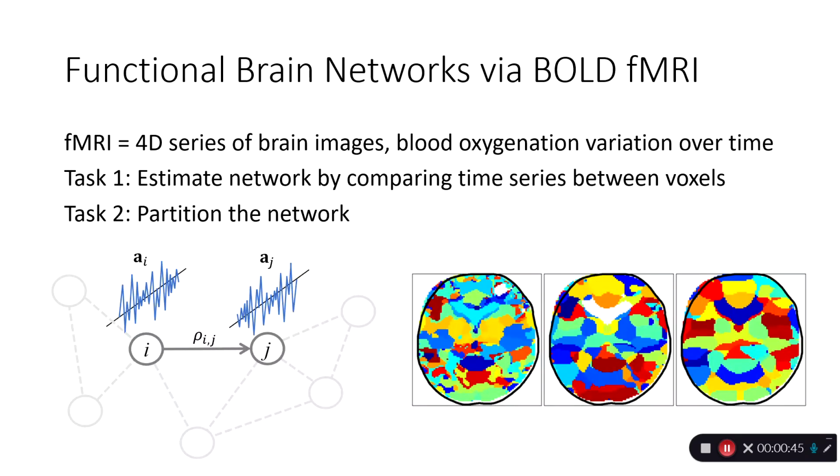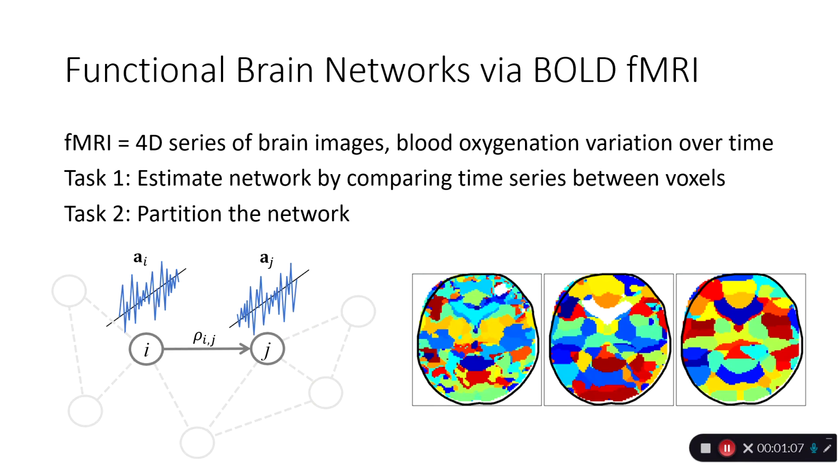In the application to functional brain networks, most commonly done with fMRI data, this data is a 4D data set, essentially 3D images of the entire brain over time. The fourth dimension describes the variation in blood oxygenation level at each point. We call it a voxel.